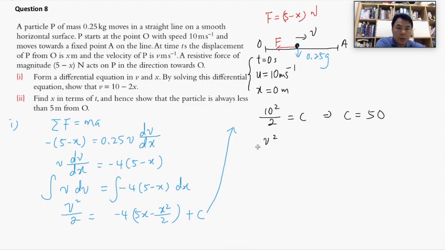Therefore, we can rewrite the equation for velocity as v squared over 2 equals negative 4(5x - x squared over 2) plus 50.